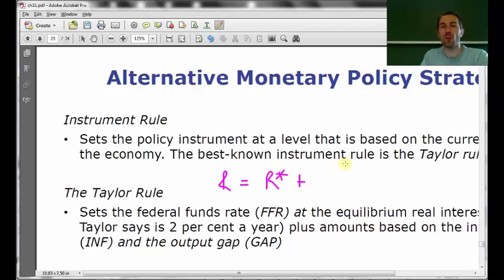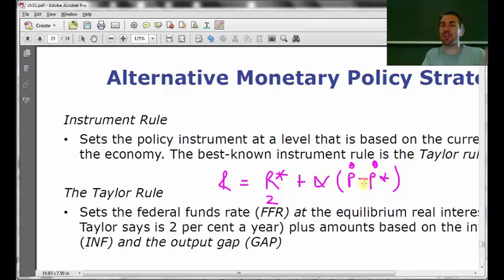if, for example, our inflation is higher than what the long-run equilibrium inflation level should be. If inflation is above what it should be, then take the long-run interest rate, let's say it's 2%, and then we add some coefficient on whatever the gap in inflation is.